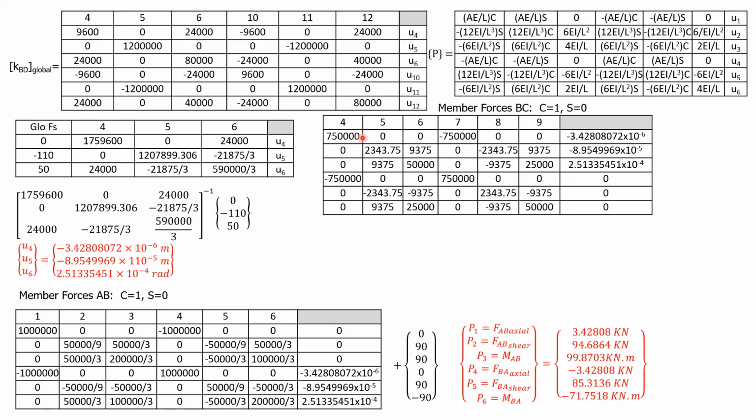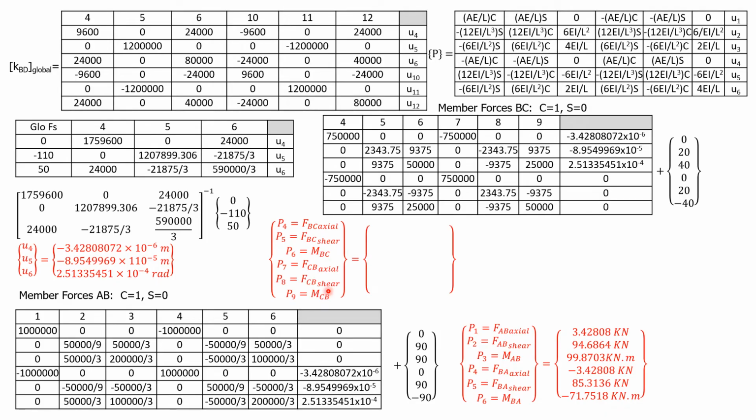Then multiply plus fixed end forces. Then these are the forces for member BC. So negative 2.5711, and that's it.